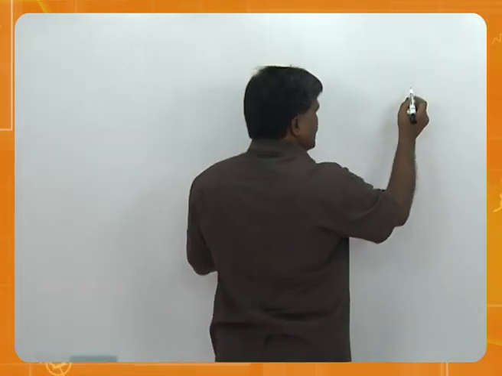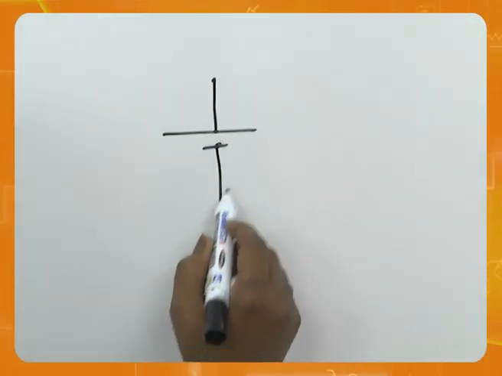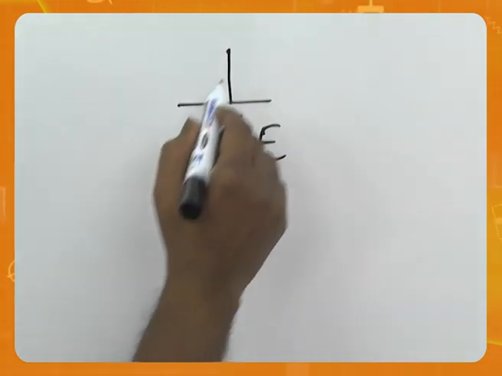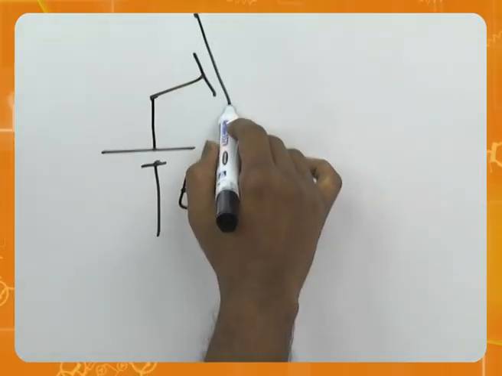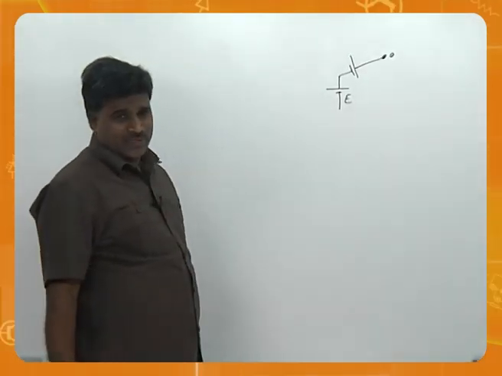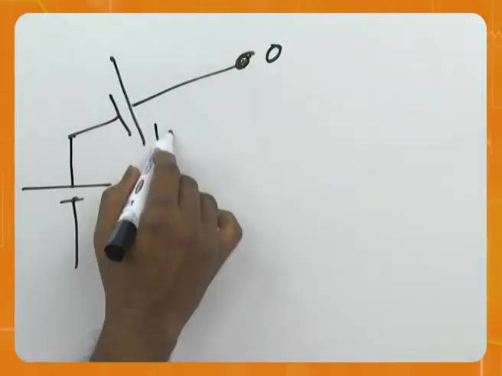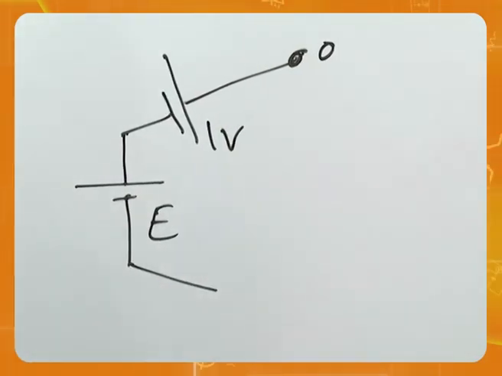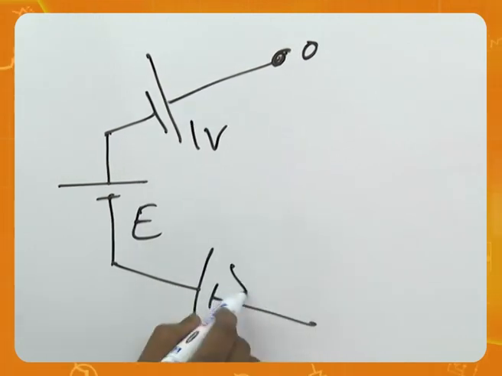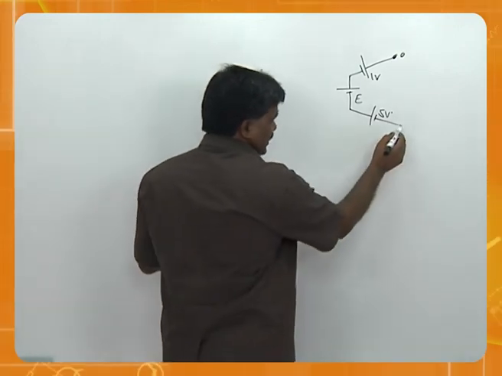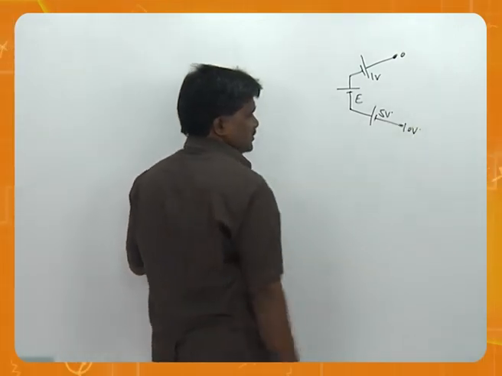So look at this. Here is the problem. He is asking E. And then here is another source he has given. He has given 0 there. This is 1 volt. Then he has given another source, that source is 5 volts. And you see here another thing given to us, 10 volts.